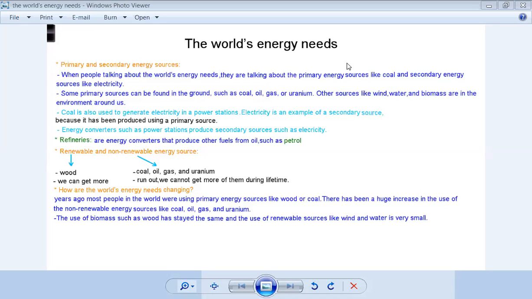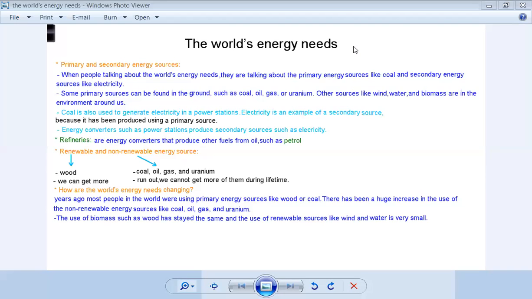So when people talk about the world's energy needs, they are talking about the primary energy sources like coal and secondary energy sources like electricity. We can generate electricity using coal in power stations or using gases, or we can also generate electricity using winds and using water. So these are secondary sources, which is the electricity, and the primary ones that we have been using from old days, okay?